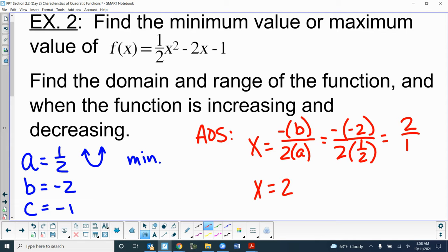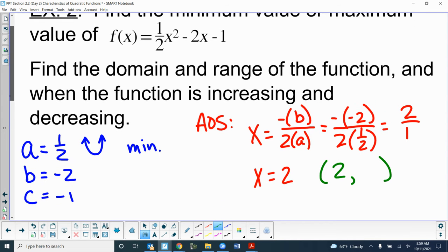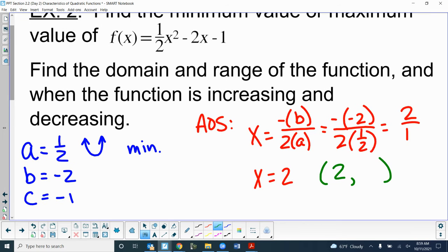All right? So I figured that out so I could figure out the y value, because I want to figure out the vertex. Right. You guys are so smart. Good job. So we're looking for the y value. How do I do that? Plug it into the function, right?